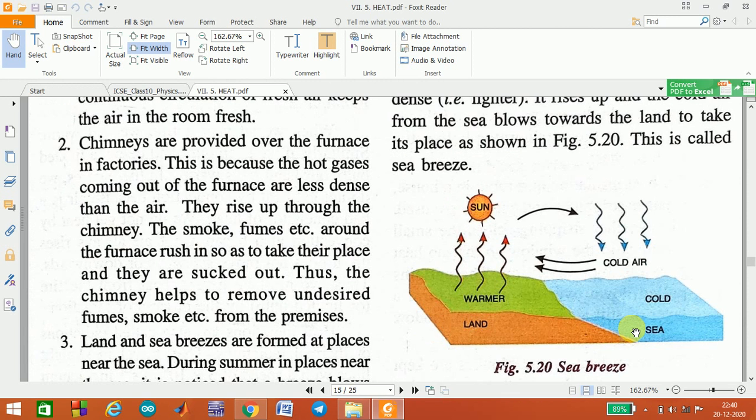This is because the hot gases coming out of the furnace are less dense than the air. They rise up through the chimney, and smoke, fumes, etc. around the furnace rush in to take their place and are sucked out. Thus the chimney helps to remove undesired fumes, smoke, etc. from the premises.